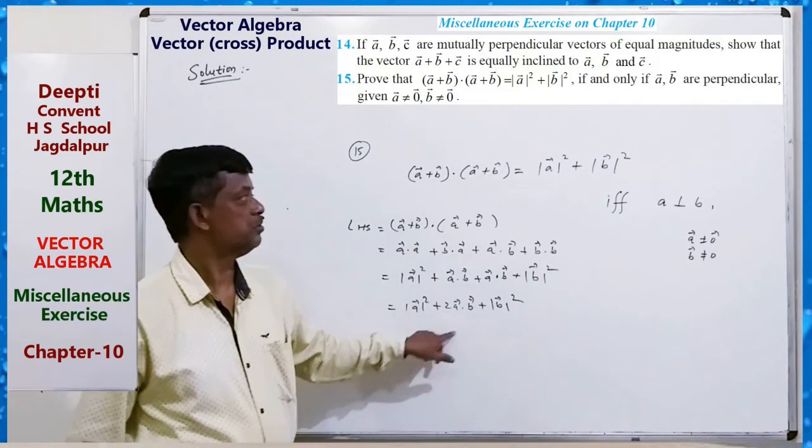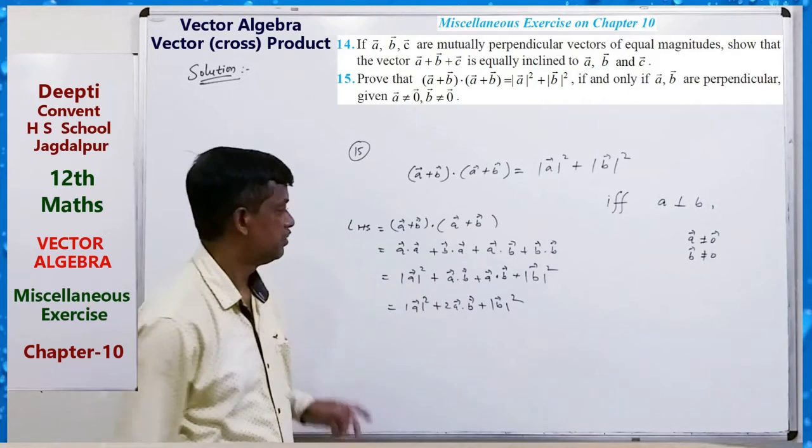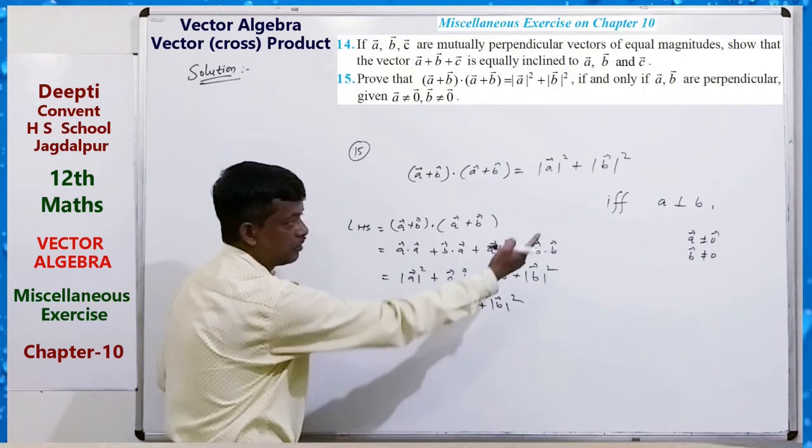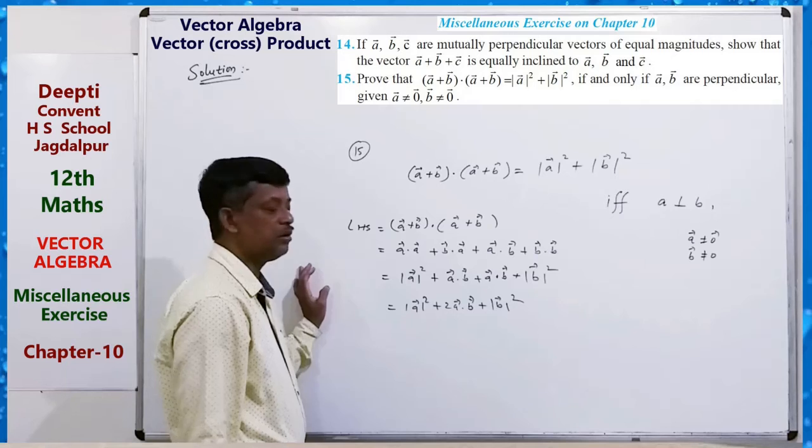This is equal to the other side if and only if A dot B equals 0.